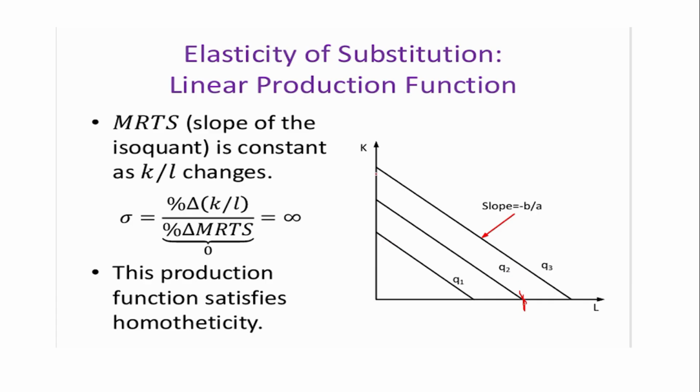And if we take that amount of K, we can produce Q3 production where L equals 0. That means we can easily or completely substitute for each other. That is what sigma indicates.